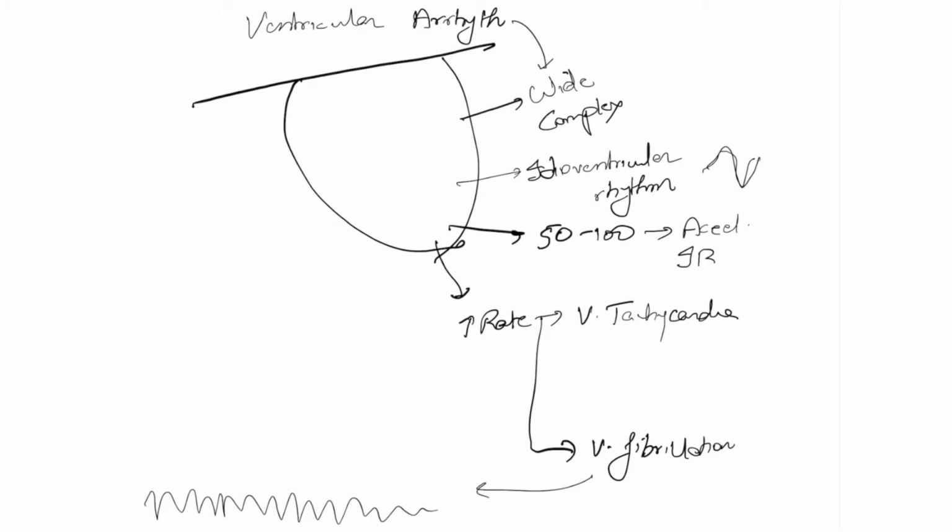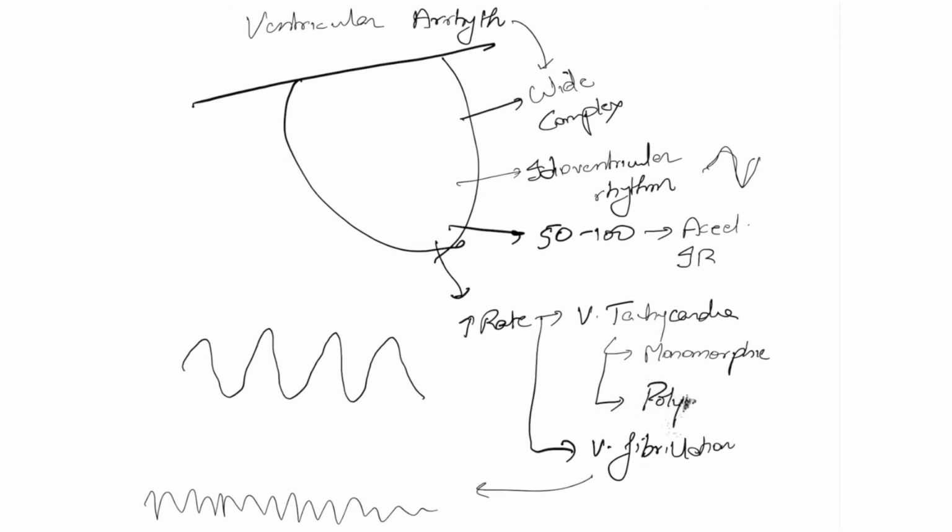Now, when we're talking about ventricular tachycardia, you might see one of two things. The waves might be monomorphic. You might see QRS complexes that are about the same, or you might see a polymorphic pattern.